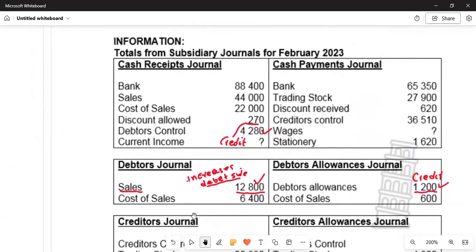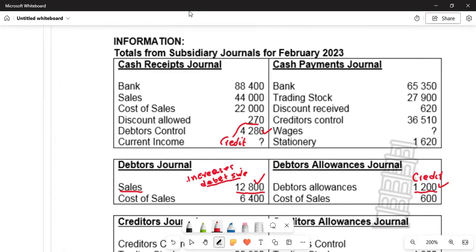So here we are with our information under trading stock.